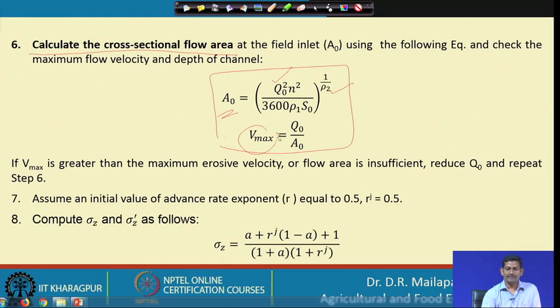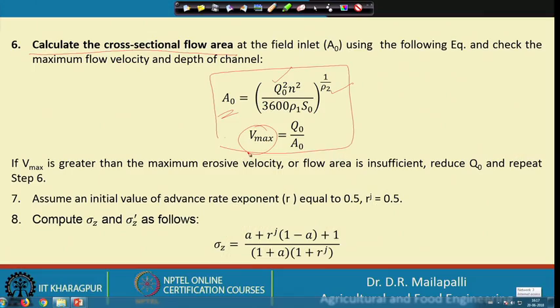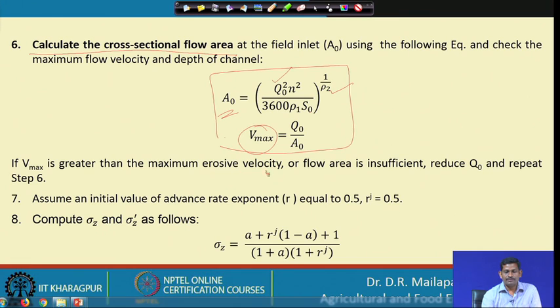Now, you check whether V max is really matching with the non-erosive velocity or not. If not, again you have to increase or decrease Q naught, so that V max is within the non-erosive limit.